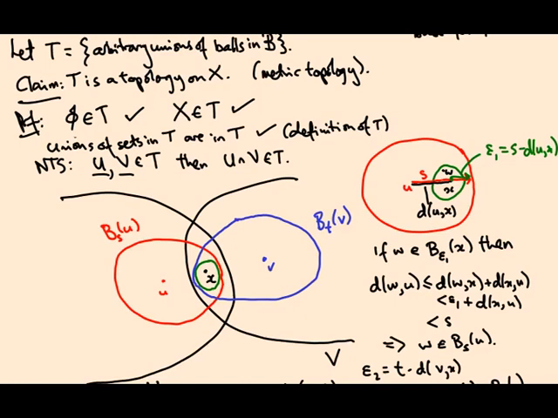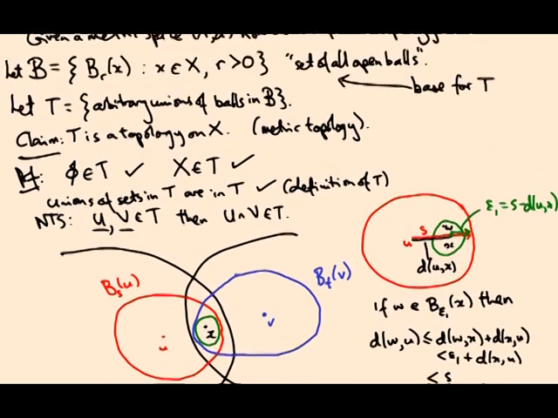Did we need to check the empty set was in T? No, it followed automatically by taking the empty union, so that doesn't need to be added as an assumption. Did we need to check that unions of sets are in T? No, because T was defined as the set of unions of sets. We did need to check that X is an open set, and what did we do?